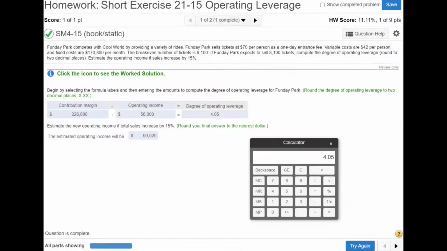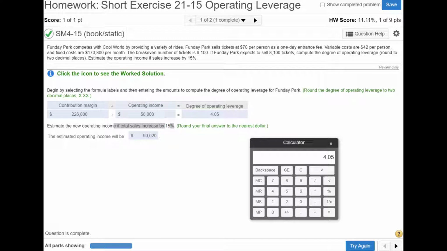Cool. So for an increase in sales of 15%, we take 15% times the degree of operating leverage times our operating income, which gives us our change in operating income. Then we add that back to the operating income, and that gives us $90,020 of operating income.